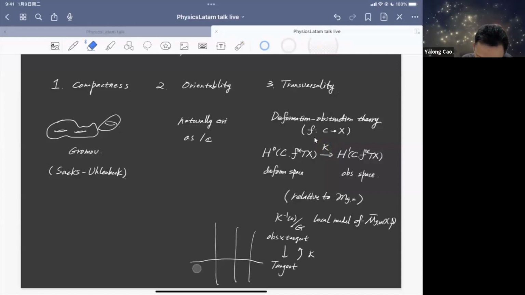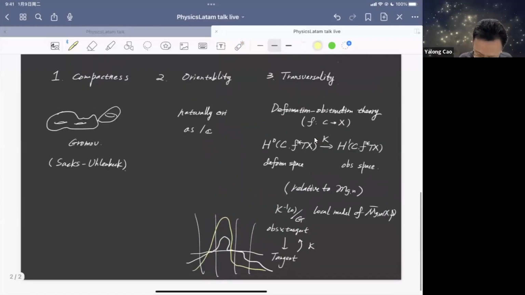The zero locus cuts out some space. Because this section is not necessarily transverse to the zero section, it ends up giving you a very singular space. So the idea to achieve transversality is to perturb this section to make it transverse. Then you get a smooth space, nice compact smooth manifolds, and try to count there.